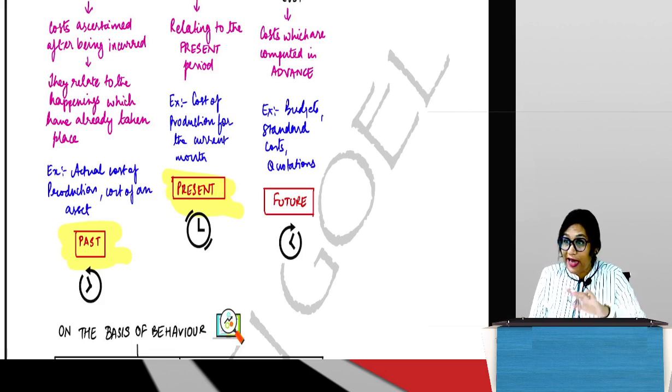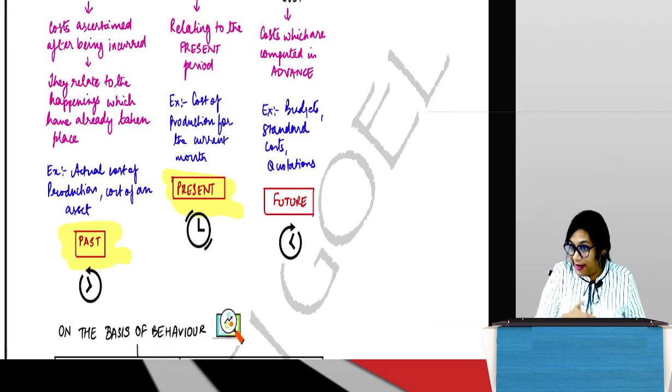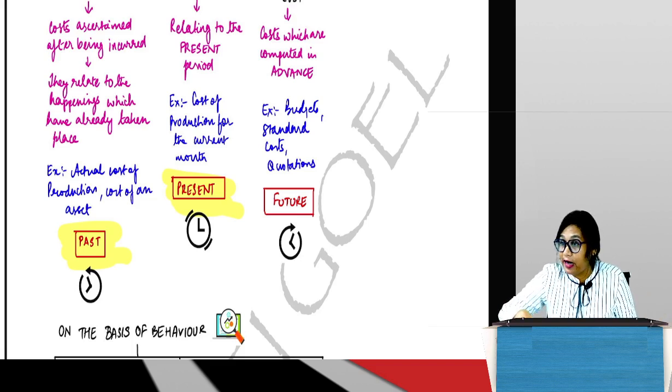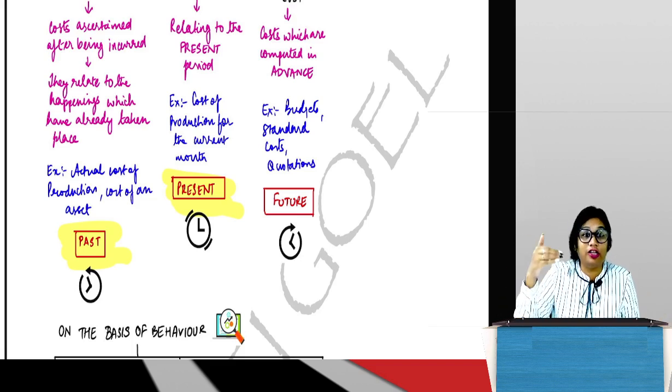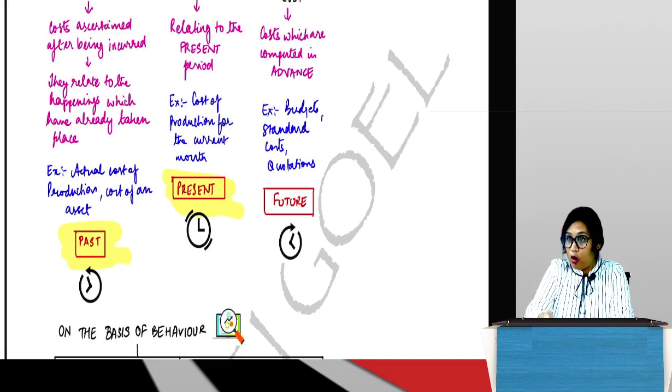We are not talking about any event which has happened in the past like in the previous case. We are talking about right now. So if I ask you to calculate the cost pertaining to right now, that is the month of March where we are, then you will say that is current cost. Guys, is that okay? Very simple. It's simply past, present and future. That's all. There is nothing else to it. Why am I saying this?